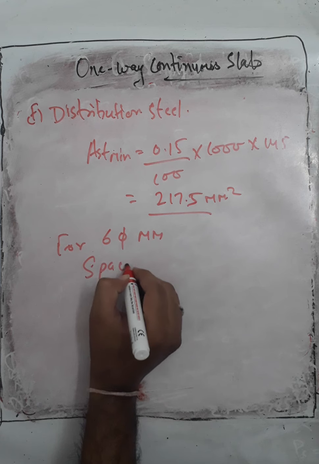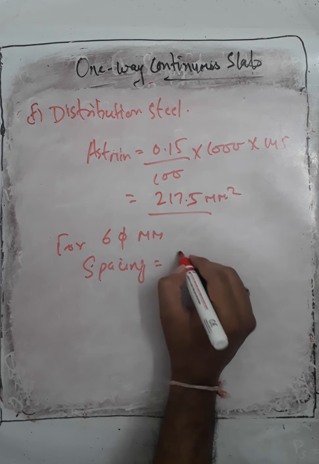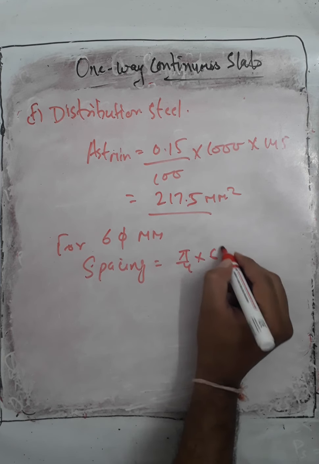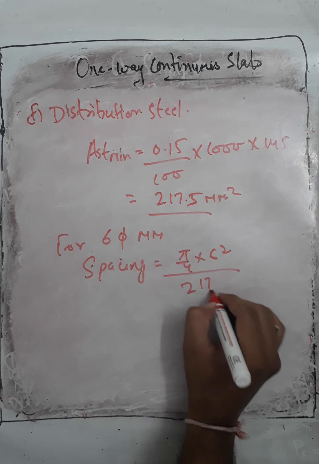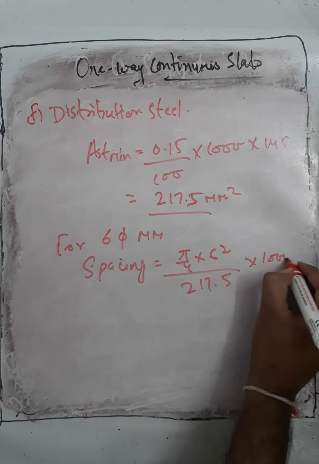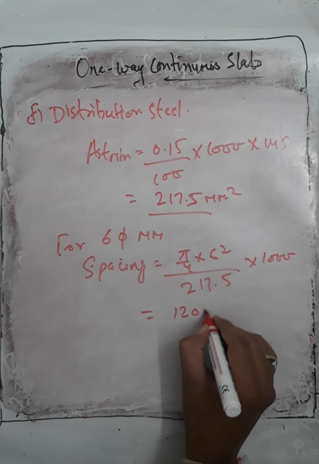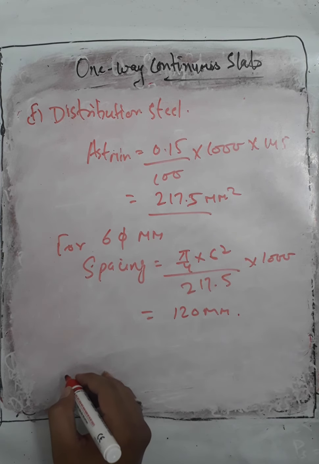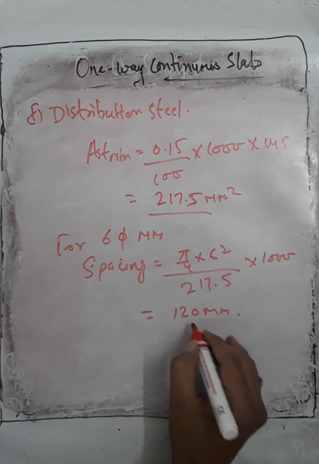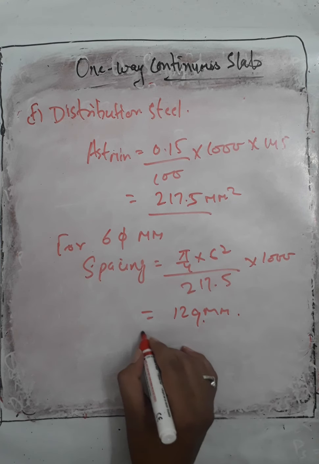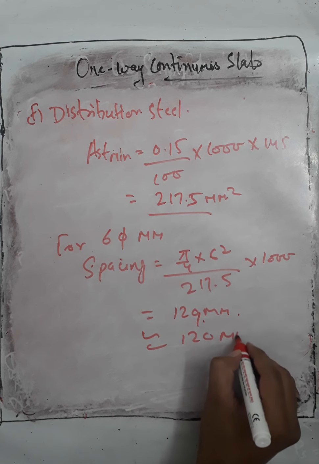So for that you have to find the spacing. So pi by 4 into 6 square divided by 217.5 into 1000. So you get 129.97 as the spacing. So here you take 120 mm as the spacing.